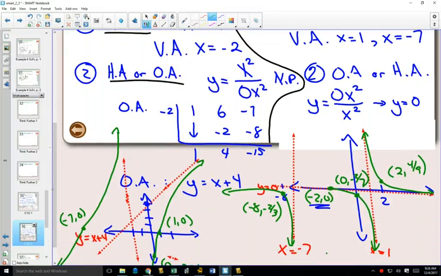So I could plug that point in, (-6, 4/7). And that's telling me that this needs to go up towards the asymptote as opposed to down towards the asymptote.